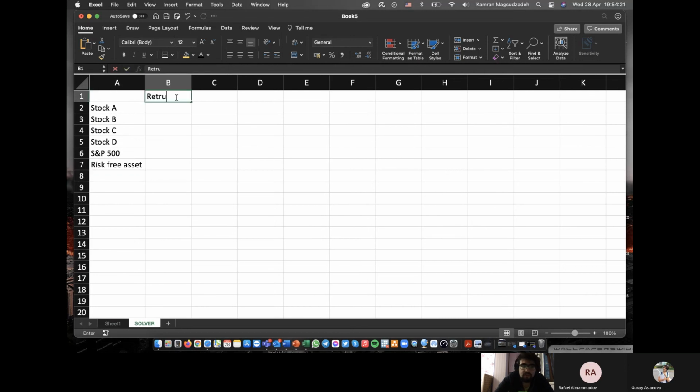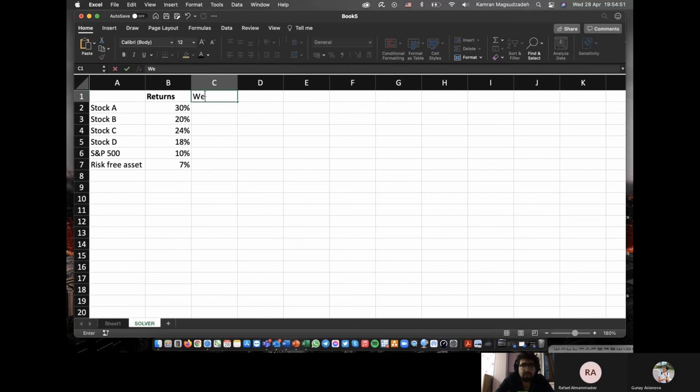So they give us returns. For example, these returns: 30% return from stock A, 20% return from stock B, 24% return from stock C, 18% return from stock D, 10% return on the S&P, and risk-free gives us 7%.